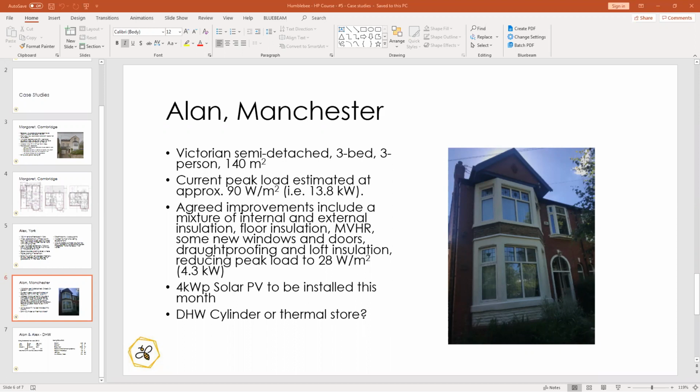Is the thermal store that's been suggested to you, Alan, because they think you need some volume for your heating circuit? That was my suggestion. So no, Alan's just had a report with the options, and we haven't made a decision, but the two options open to him, as are open to anyone, were the domestic hot water cylinder or the thermal store.